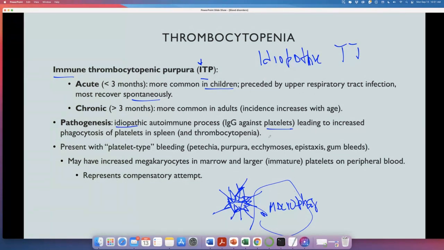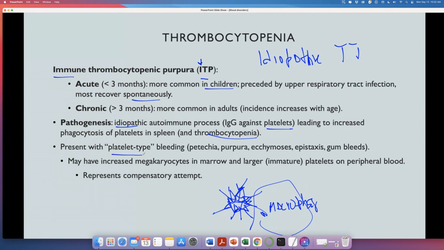Okay, so they are going to have, in some cases, splenomegaly, not very common in kids, because they have it for a very short time. But in adults, that is a chronic process, they may develop a splenomegaly. Okay, so there is increased phagocytosis of the platelets in the spleen, and of course, we are going to detect the thrombocytopenia.